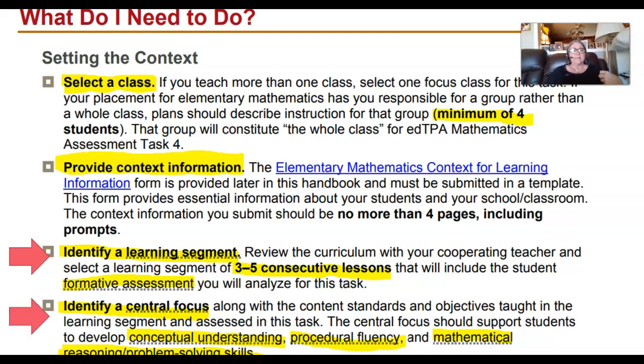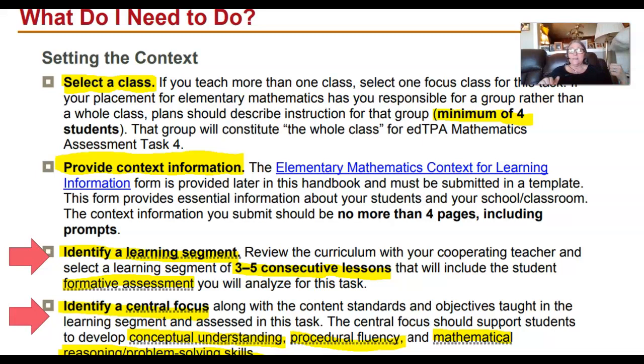The important thing is that the central focus and the objectives include support for the students in understanding these mathematical understandings. So these consecutive lessons need to include conceptual understanding, procedural fluency, mathematical reasoning, and problem solving.